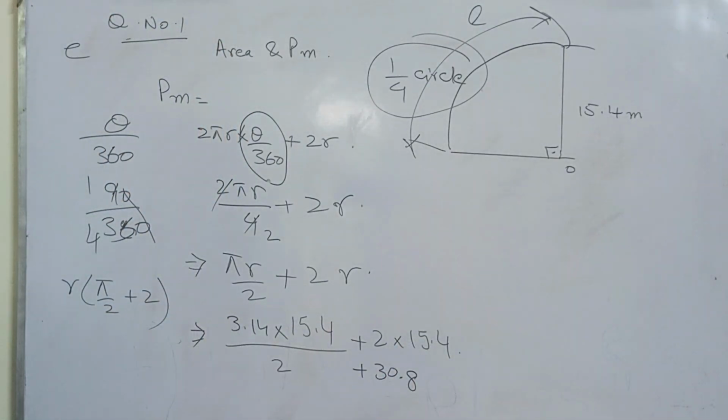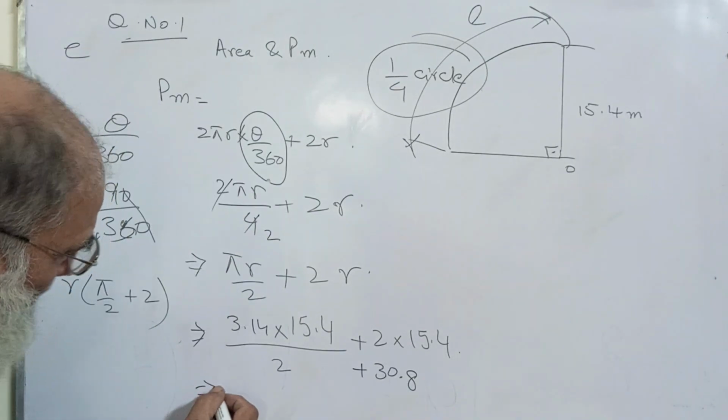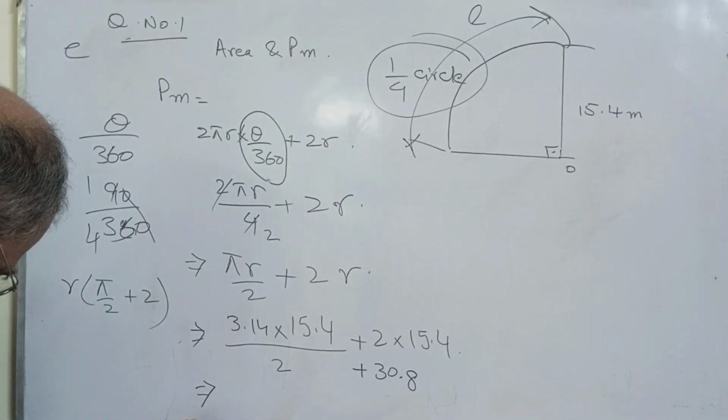And what about this? 3.14 multiplied by 15.4 divided by 2 will become 24.178.